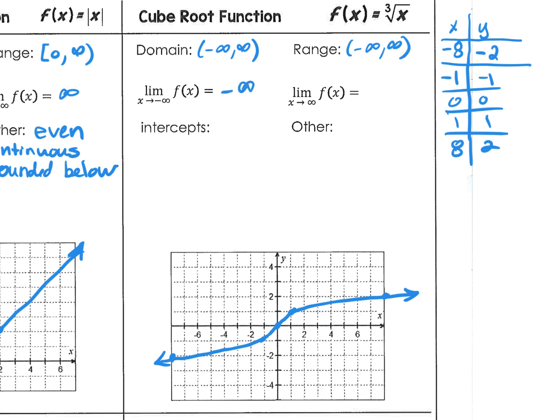To the right, where's it going? Intercepts. Have we had any other intercepts other than 0, 0 for these parent functions? That should tell you something. Is it continuous? It is continuous. Does it have any symmetry? Odd symmetry.